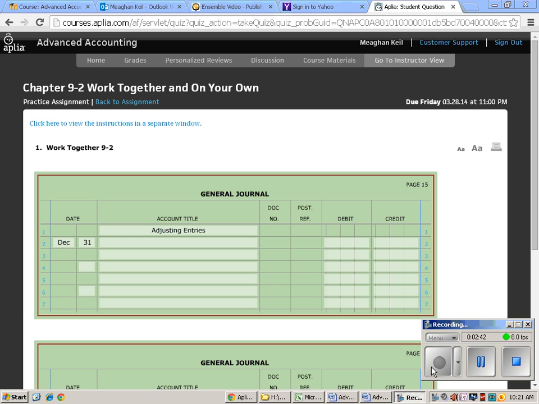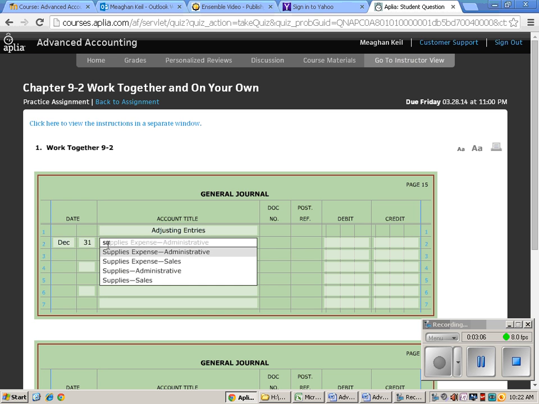Okay, so what it says, our first one, our administrative supplies inventory on December 31st is 500. Well, we initially recorded this all as an expense of $3,200. However, we didn't use all of those supplies. We still have 500 remaining. So we have to do an adjusting entry for that because we don't want to negatively affect us when we still have these supplies on our shelves.